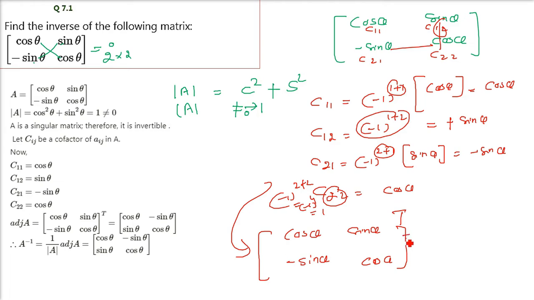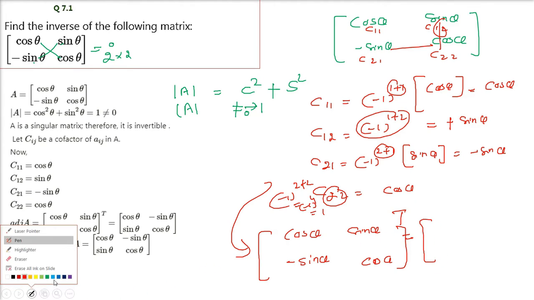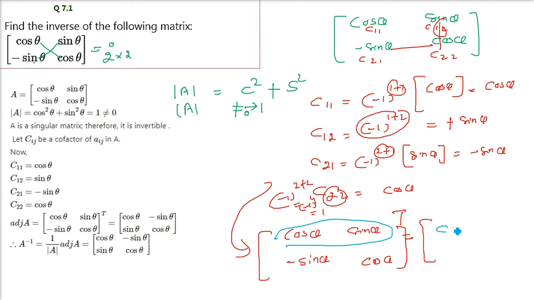We have to take the transpose in order to get the adjoint. Row to column, column to row. So this cos theta, sin theta will become our column: cos theta here, sin theta here. Then this also we have to make as minus sine theta and cos theta here as a column. So this is your adjoint A. This is the actual adjoint A.